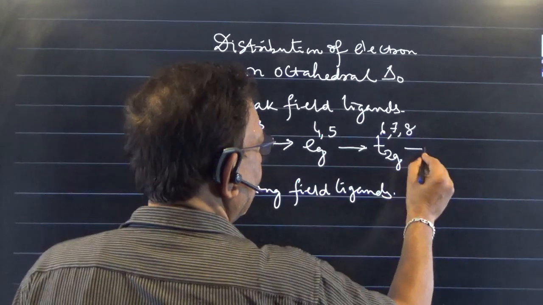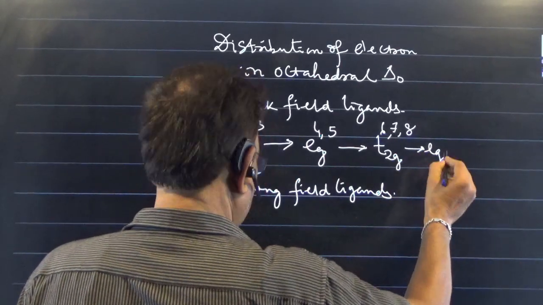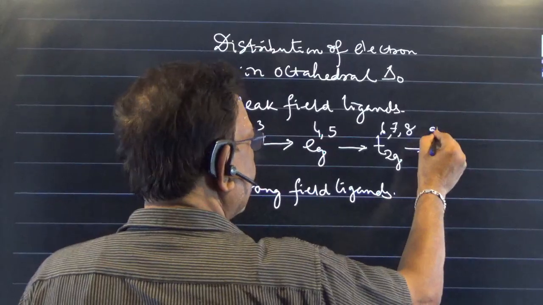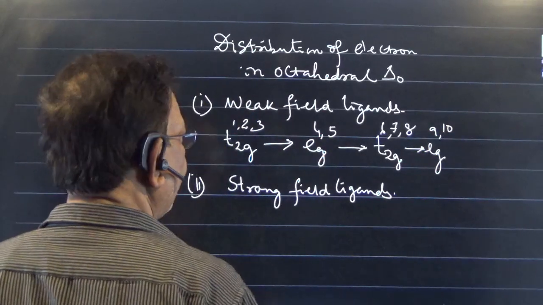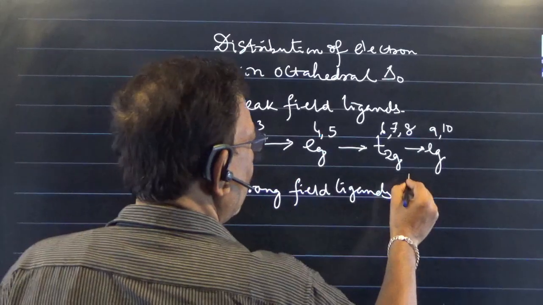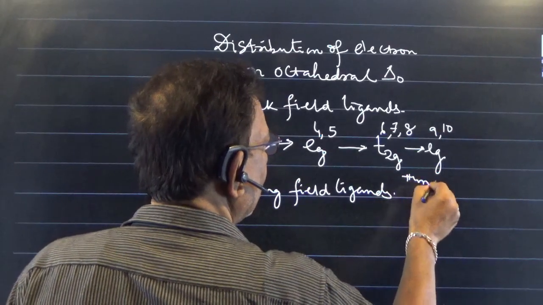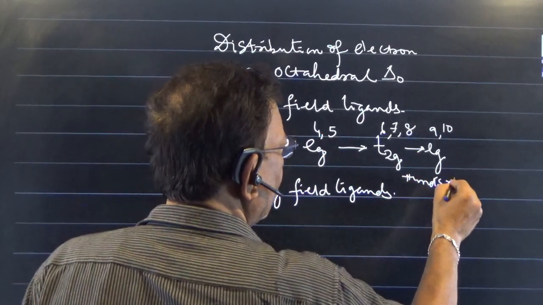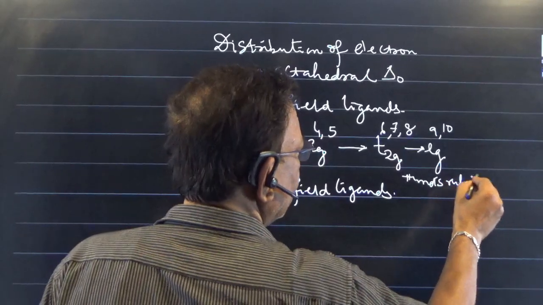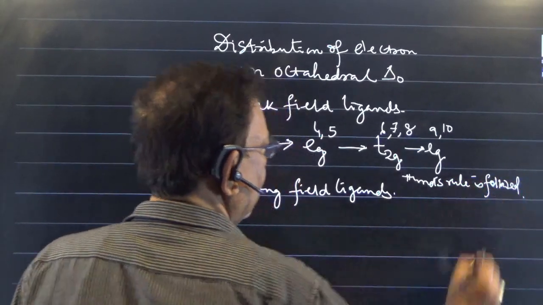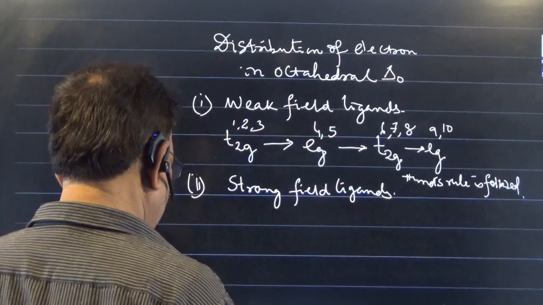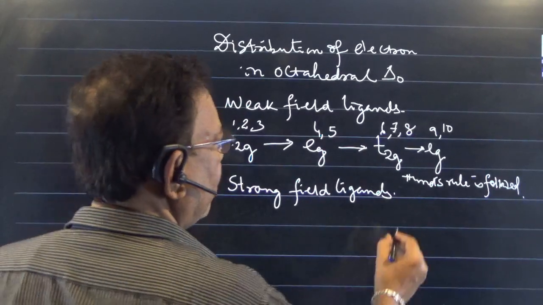Next is Eg, 9th electron and 10th electron. So here Hund's rule is followed, and the energy difference is small.